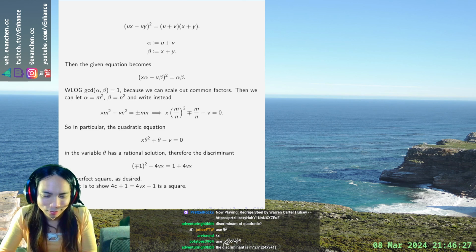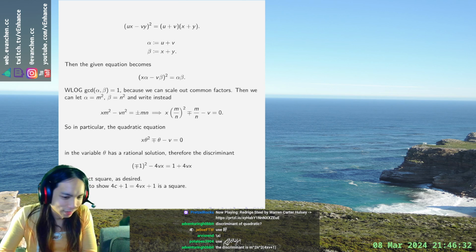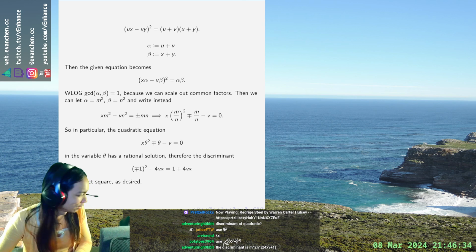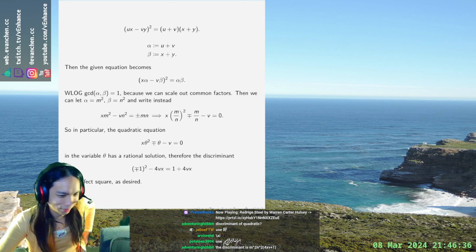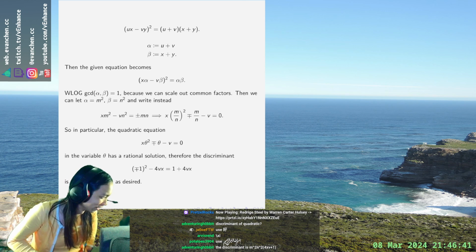Which, okay, oh, sorry. No, what? No, that's not how the discriminant of a quadratic works. The discriminant is b squared minus 4ac or whatever, right? There's no m squared n squared.